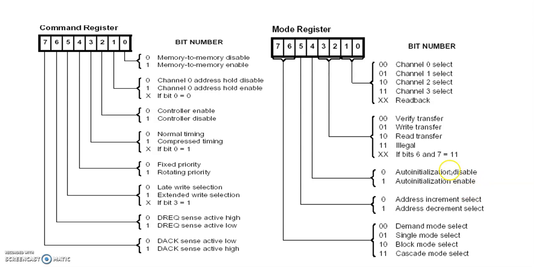The fifth bit is 0 for address increment select or 1 for address decrement select. The last 2 bits: 0 0 means demand mode select, 1 0 means block mode select, and both 1 means cascade mode is selected.